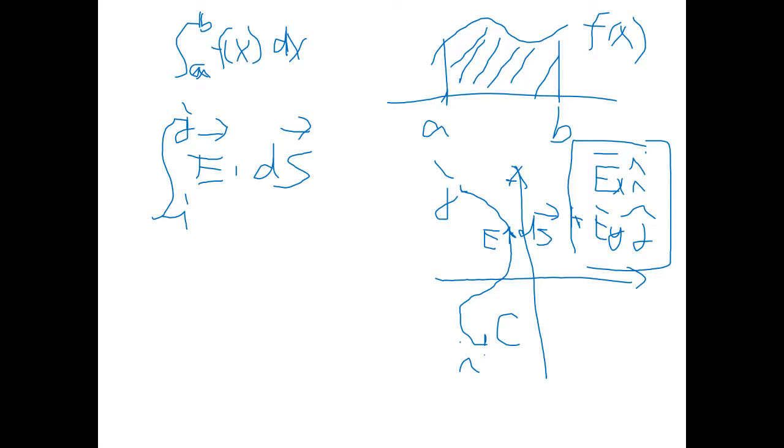If you integrate from I to j, the vector will follow this line and go this way. Maybe I use another color. So you just go from this to that. At this point ds will be something like this, at this point ds will be like this, and at this point ds is like this.